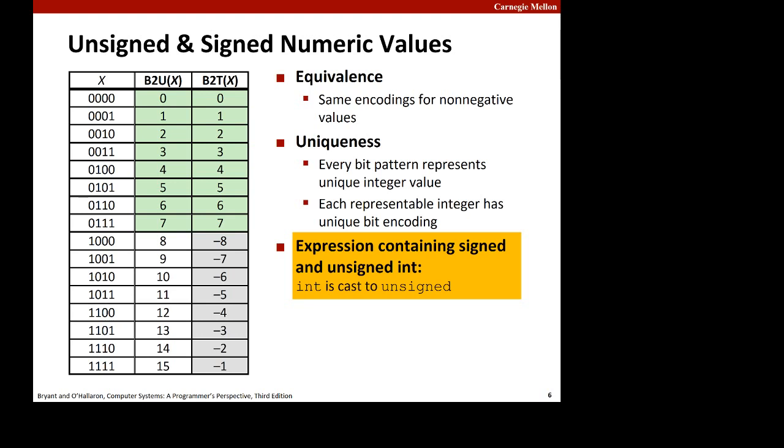And the other that I mentioned last time, and is especially peculiar, is if you have an operation, say addition or less than, and one of the operands is signed and the other is unsigned, the rule in C, and this is the C standard, is there'll be an implicit conversion of that signed value to an unsigned value, and then whatever operation is being performed is performed.